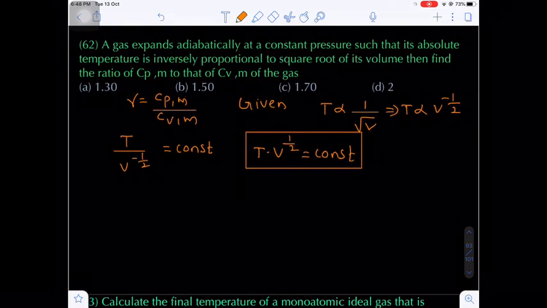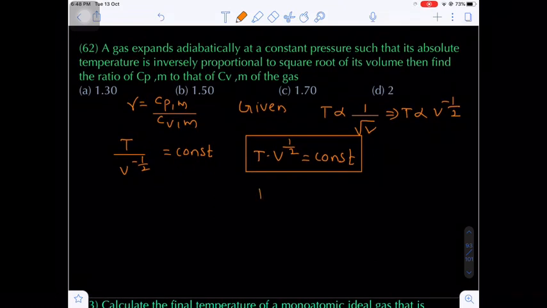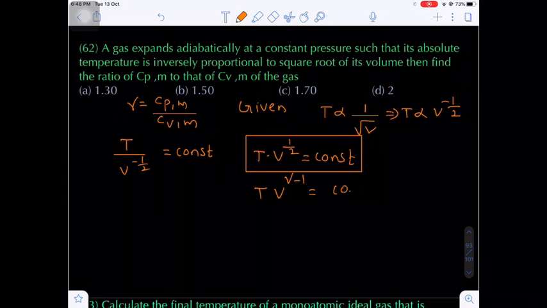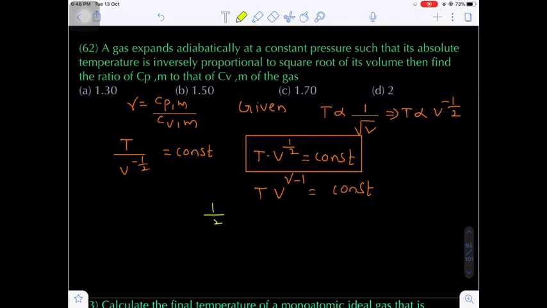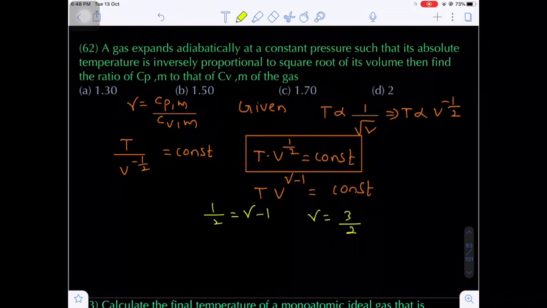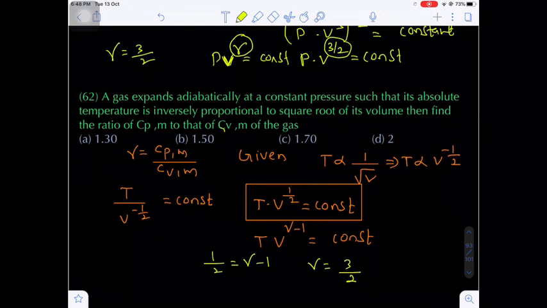TV to the power gamma minus 1. So I am comparing with TV to the power gamma minus 1 will be equal to constant. So if you compare the powers of the volume, you will get 1 by 2 will be equal to gamma minus 1. From here gamma will be equal to how much? 3 by 2. That will be 1.5.